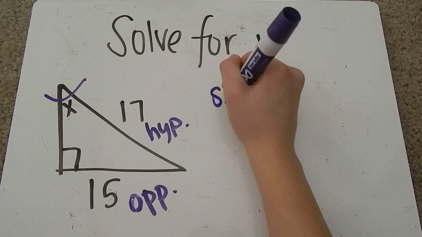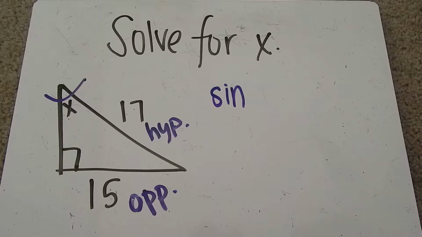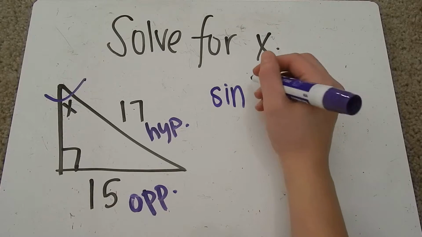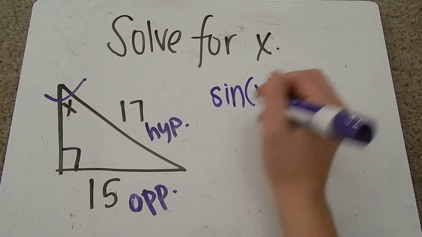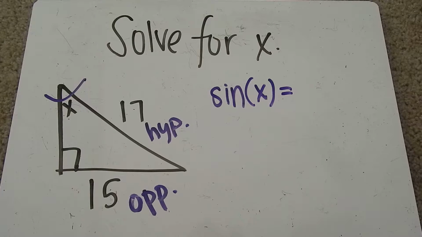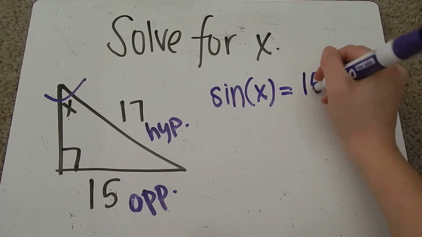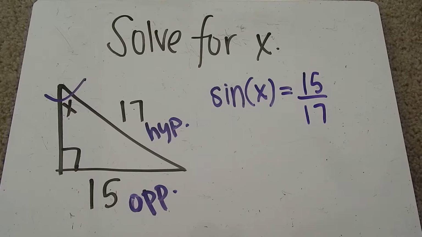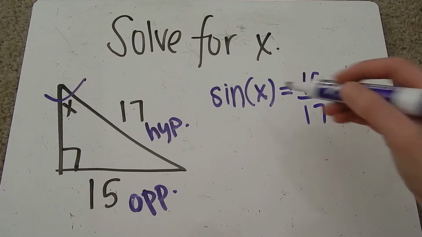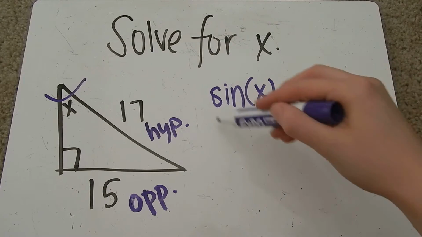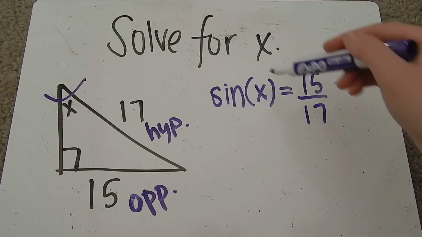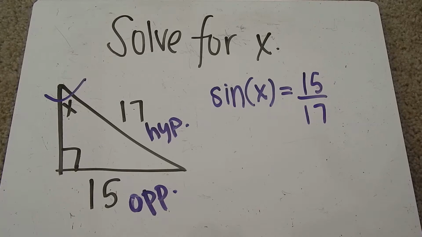So remember to set these up, it's sine of the angle, well in this case my angle is x, equals opposite over hypotenuse. Okay, now when we're solving for x in this case, we want to undo the sine. Because sine is being done to x, we want to undo it. To undo sine, we do the inverse sine.